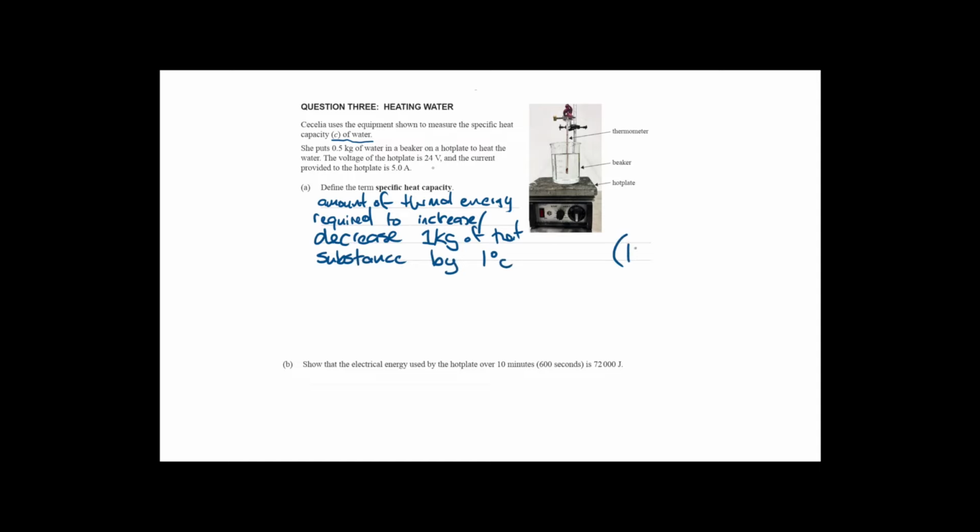And next year you'll be using 1 degree Kelvin. That's what it is. So we've got half a kilogram of water, so half a litre of water. How much energy needs to be put into that in order to raise the temperature by 1 degree? That's what the specific heat capacity is by definition.